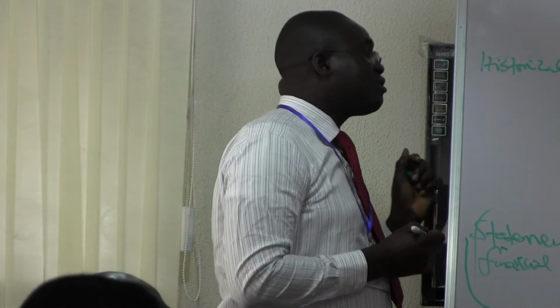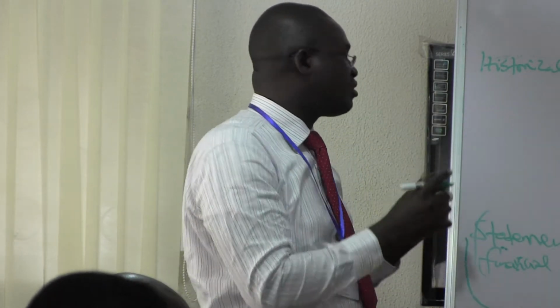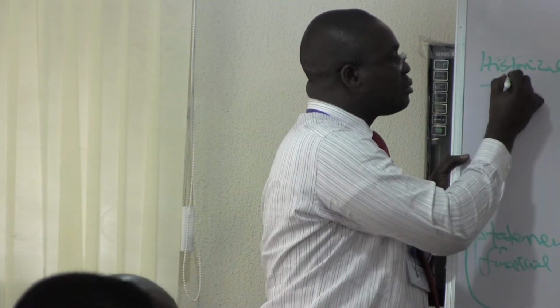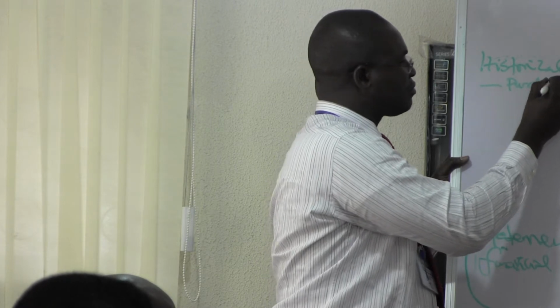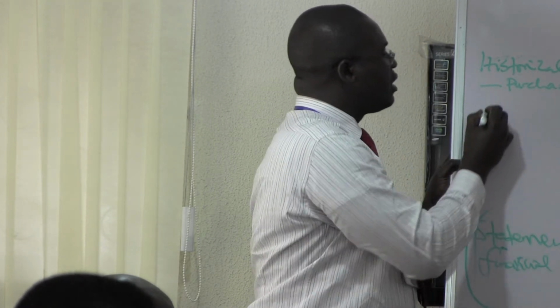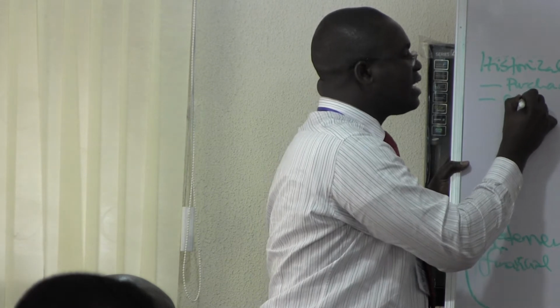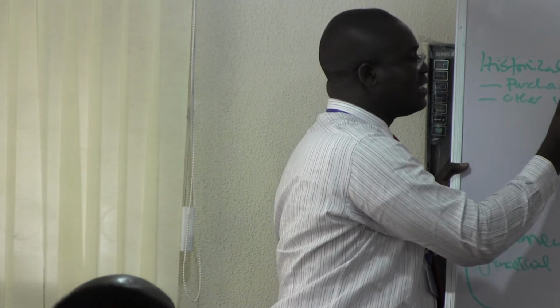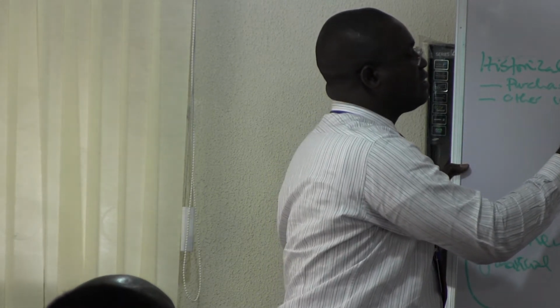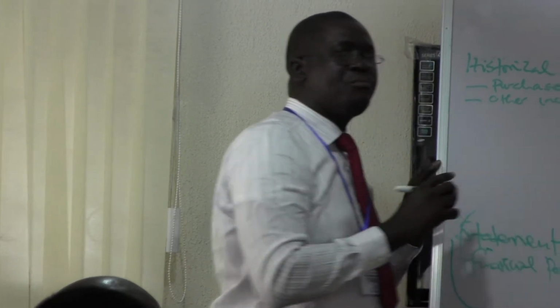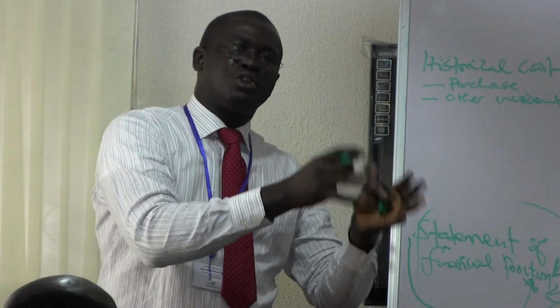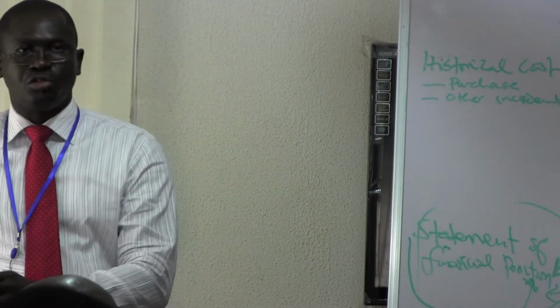What this means is that for you to value an asset, for you to put an asset in your books, you must say, okay, the purchase cost of the item, and other incidental costs of bringing the asset from where you purchased it to the place of use.